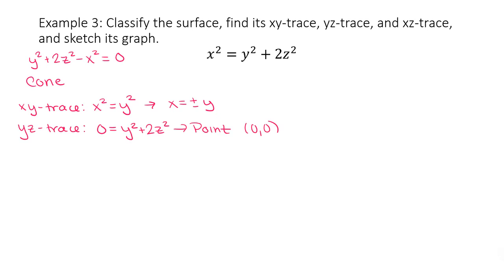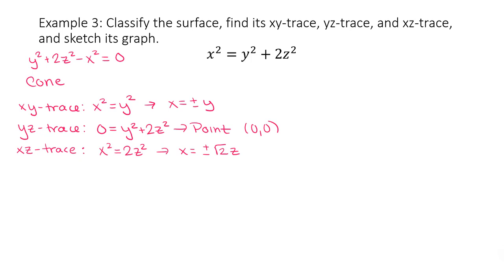My YZ trace, if I plug in 0 for x, I get 0 equals y squared plus 2z squared. And once again, that is just a point. That's the point 0, 0. The sum of 2 squares is only equal to 0 when they're both 0.